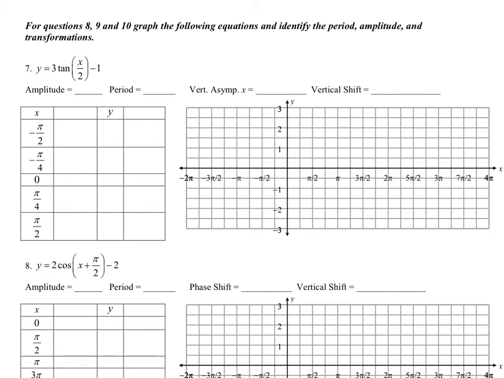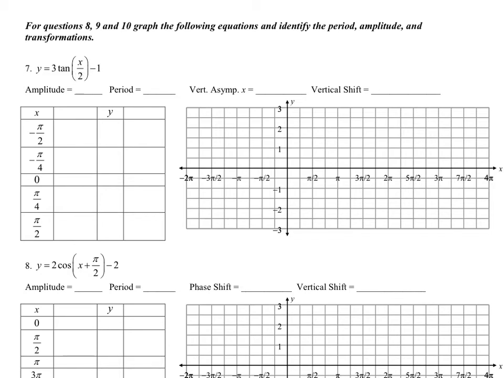All right, so in the first column, we have all of the angle measurements that we're going to use for tangent. And then inside the parentheses here, we see that we're taking the angle measurement and dividing by 2. Well, this is on the inside, and we know that whenever we do something to the angle on the inside of the parentheses, we have to do the opposite operation.